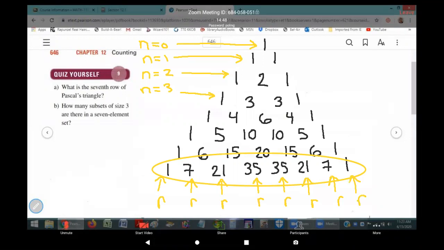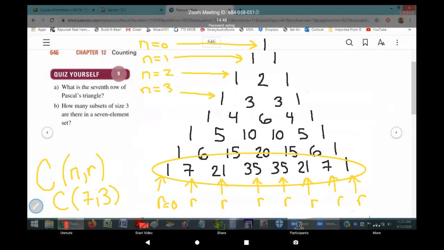So if you're looking for the combination of N choose R, and that is 7 choose 3, then you go to the 7th row and the 3rd entry, but the 3rd non-1 entry, because again, the first entry in our world is the 0th entry.